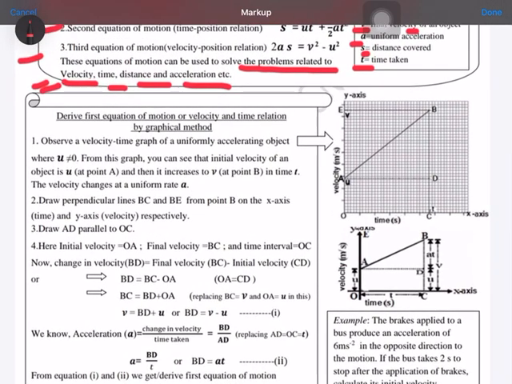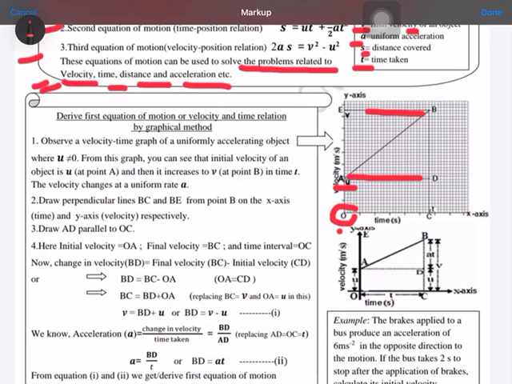So you can see from the first graph, it is shown. This graph we have practiced in the last worksheets also. This is the line which is parallel to the time axis. Now here we are not starting from zero. You have to remember that we are taking some initial velocity. If we were starting from here, then the initial velocity would become zero.